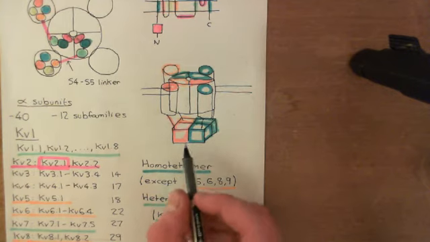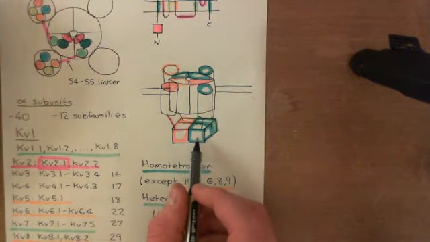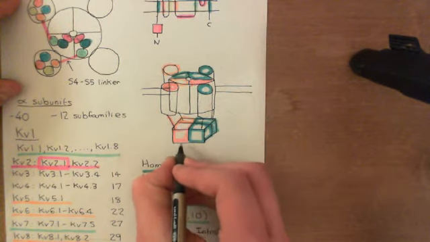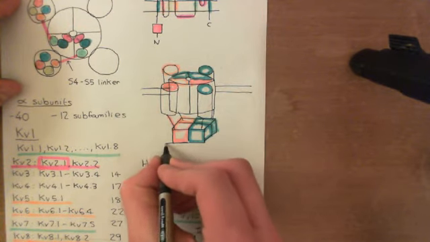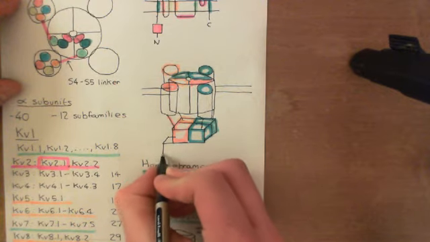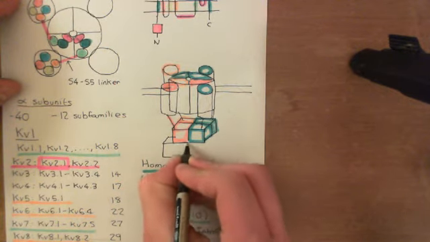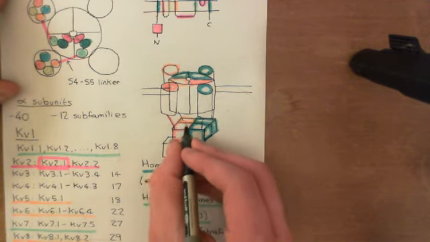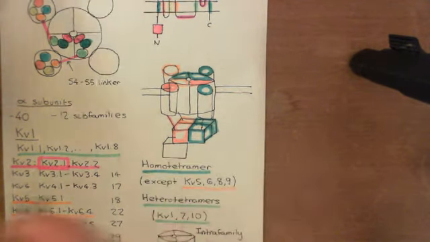Basically, they are going to be added on to the tetramerization domains. So what you can do is stick a beta subunit underneath your tetramerization domain here. Here is one beta subunit attached to this red alpha subunit's tetramerization domain.